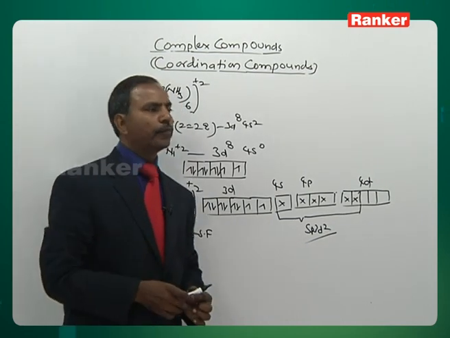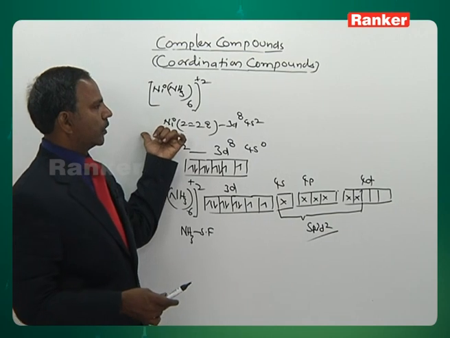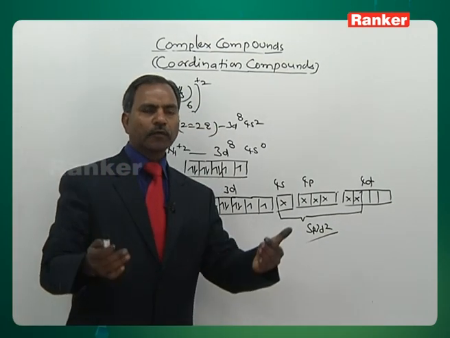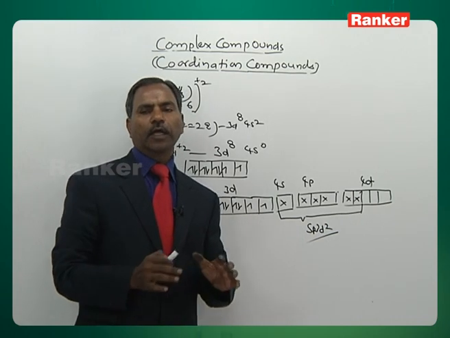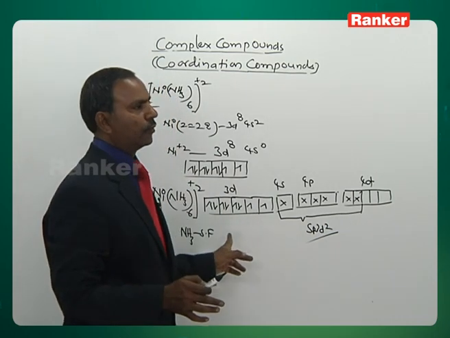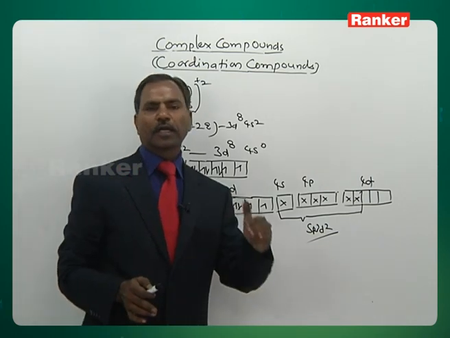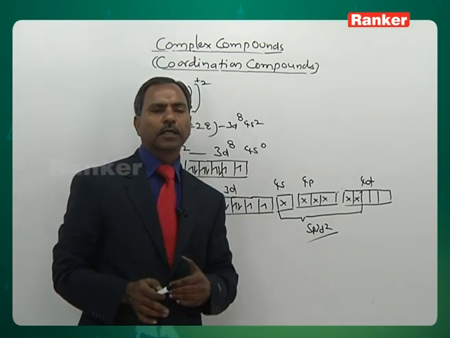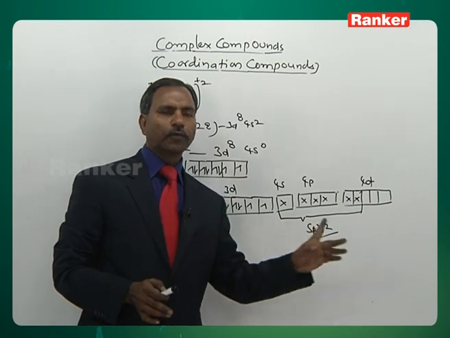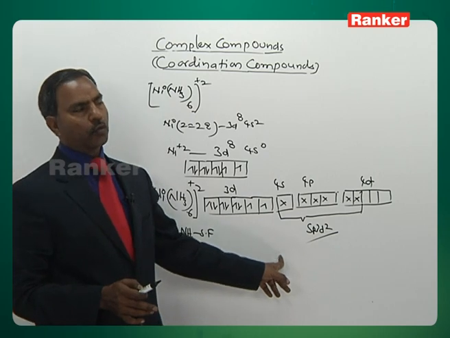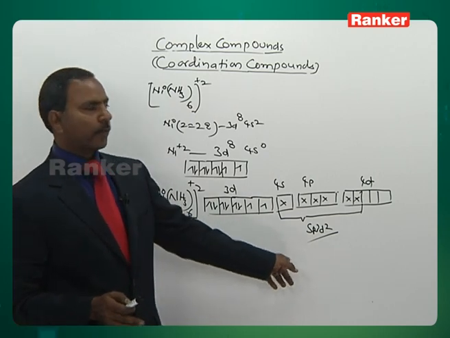Therefore, even though nickel plus 2 has a strong field ligand and d8 electronic configuration, the electrons are not getting paired. You have to take this as an exception. So in d8 octahedral geometry with strong field ligands, electrons are not getting paired. You get an outer orbital complex, 2 unpaired electrons remain, and 2.8 is the magnetic moment.